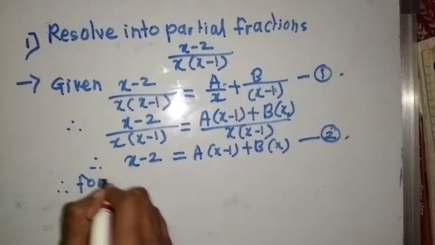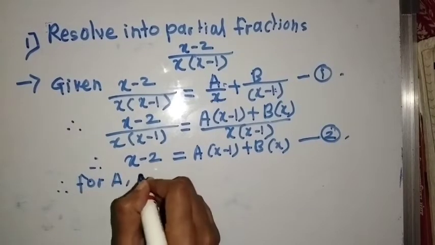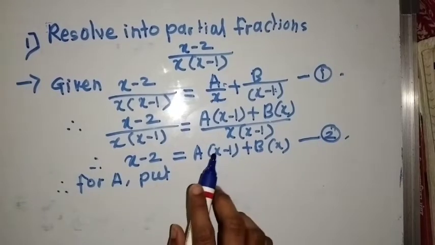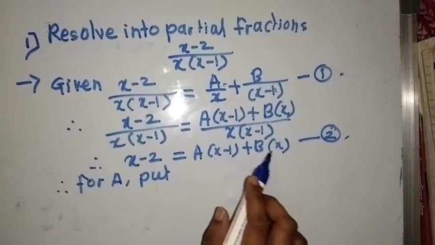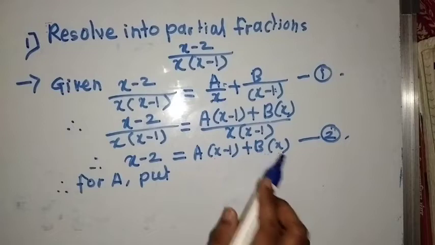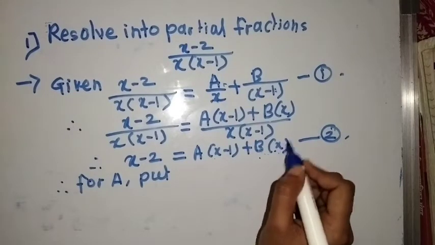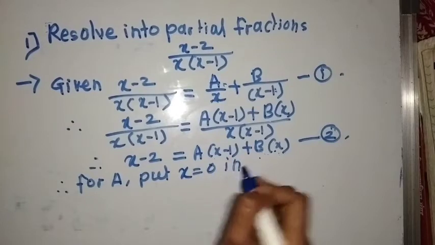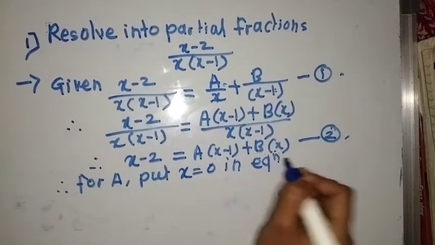Then for A, to find the value of A, B must become 0. So put x is equal to 0 in equation 2.